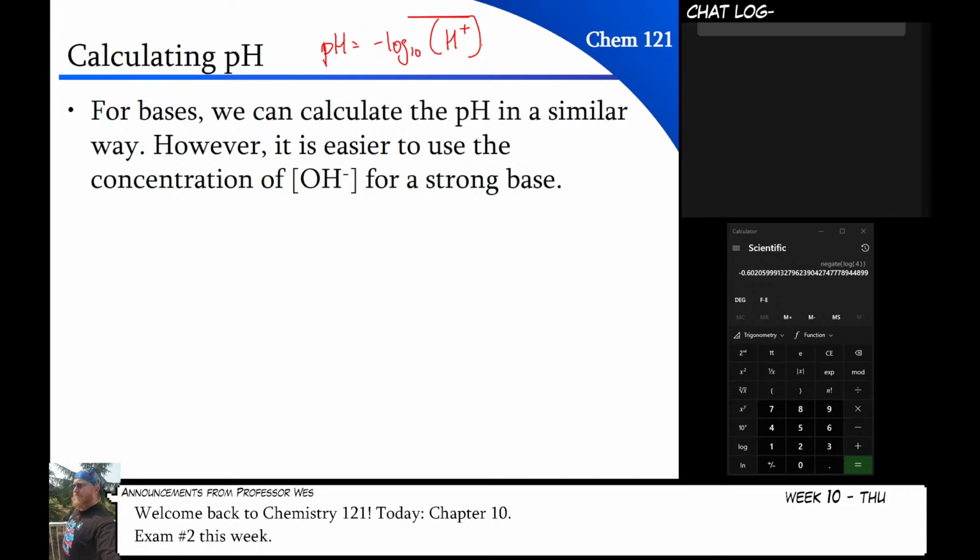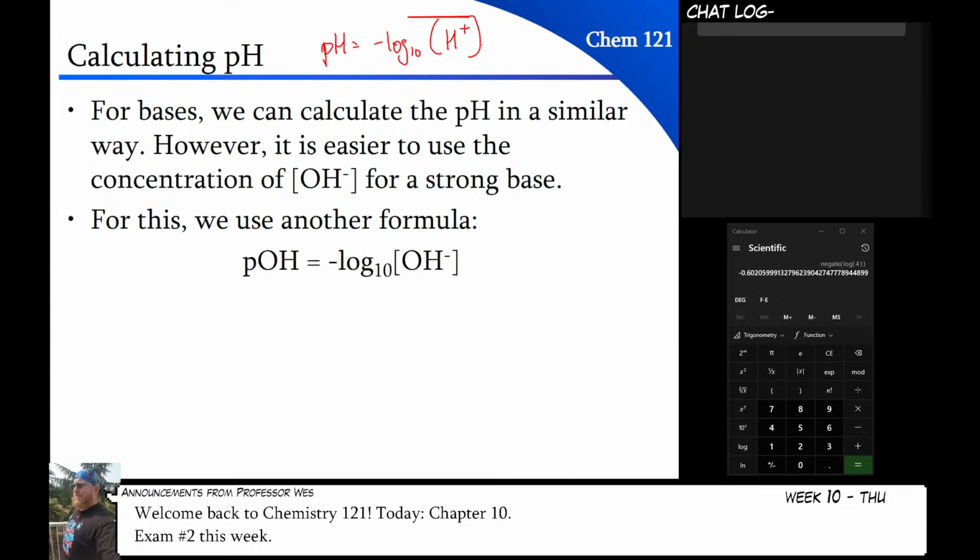And so we can devise a different formula that revolves around pOH, and it is literally the same formula. So if you need to use the concentration of hydroxide, you could find what's called the pOH. And the pOH works exactly the same way as pH. You just enter whatever concentration of hydroxide you have in the equation, take the log of it, and then negate your answer to flip its sign.